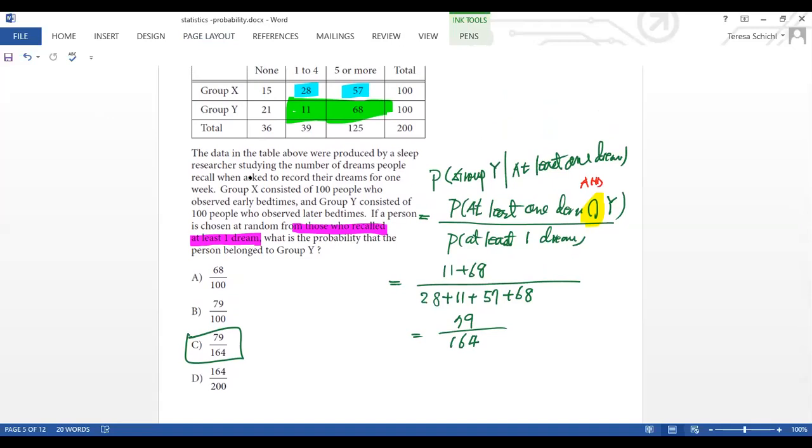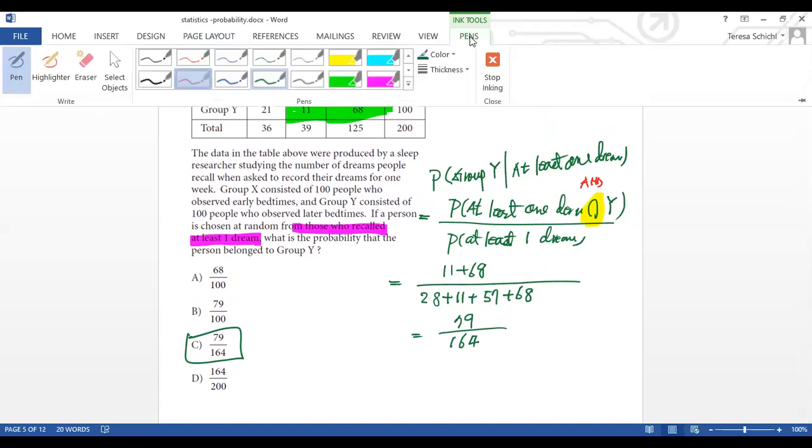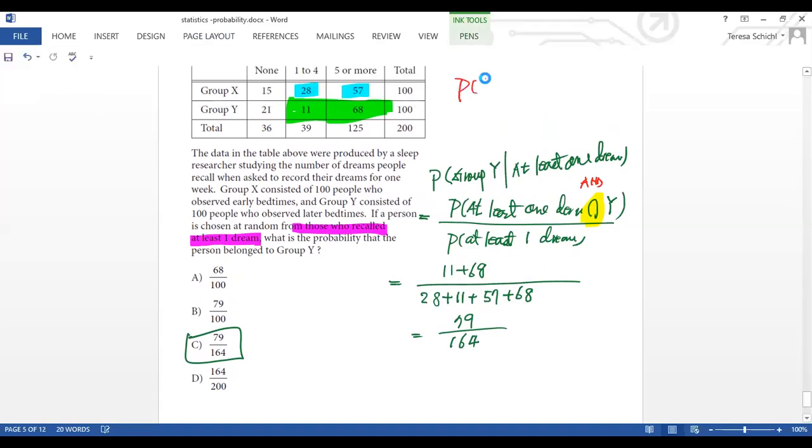So then in here, you don't forget the conditional probability, right? Like we said, in general, the formula for A given B will be P(A intersect B) over P(B), right? And remember, intersection means and, union means or, and given means conditional probability, right?